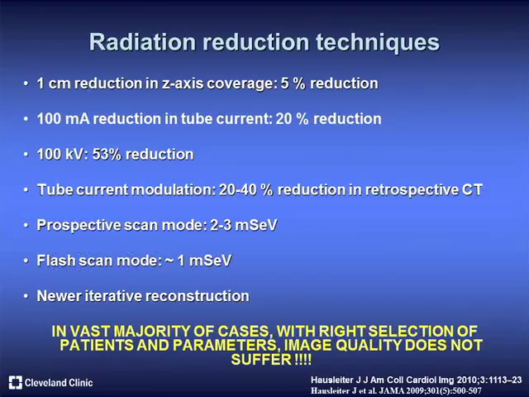One centimeter reduction in the z-axis from top to bottom can reduce the radiation by 5%. We can use newer scan modes that can go down to 1 millisievert. Most of the time, with the right selection of patients and parameters and experienced personnel, image quality does not suffer. And I would leave it to the people who are doing it to decide what technique to use.